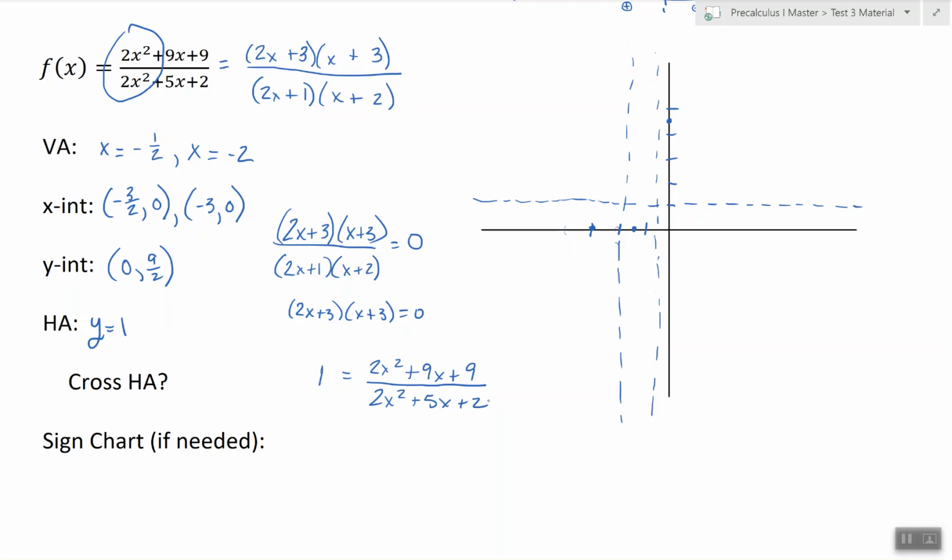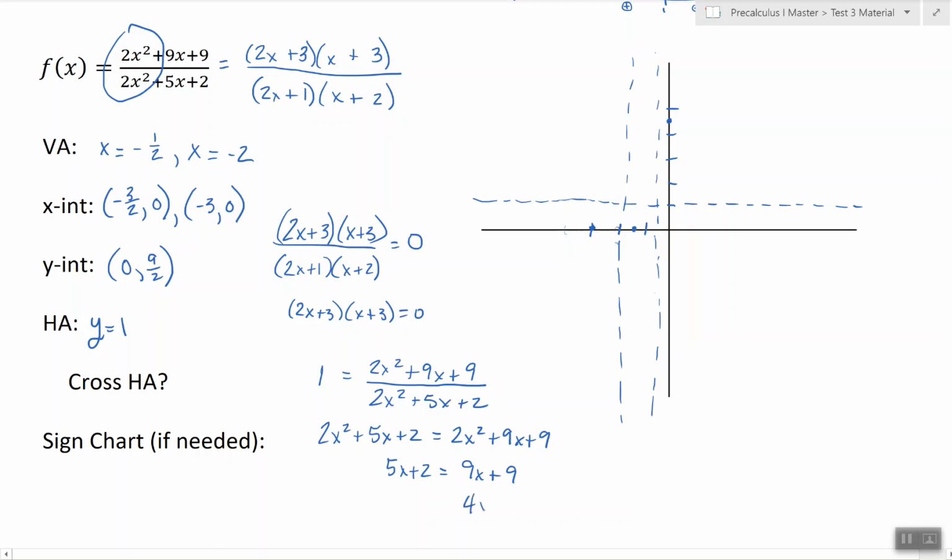You'll get a good feel for that. So multiply both sides by the denominator to clear the fractions. I get 2x squared plus 5x plus 2 on the left, and on the right the denominator goes away. Subtract the 2x squared from both sides, so I have 5x plus 2 equals 9x plus 9.